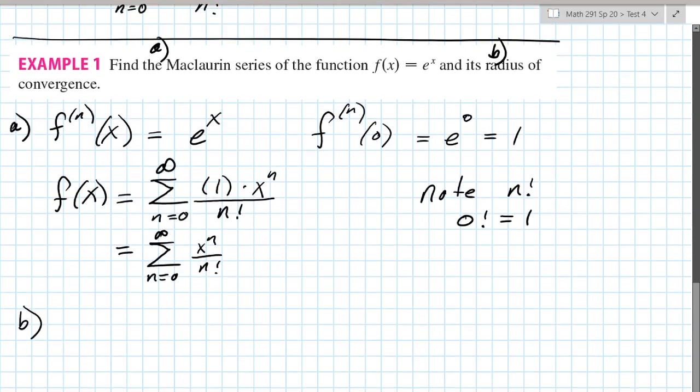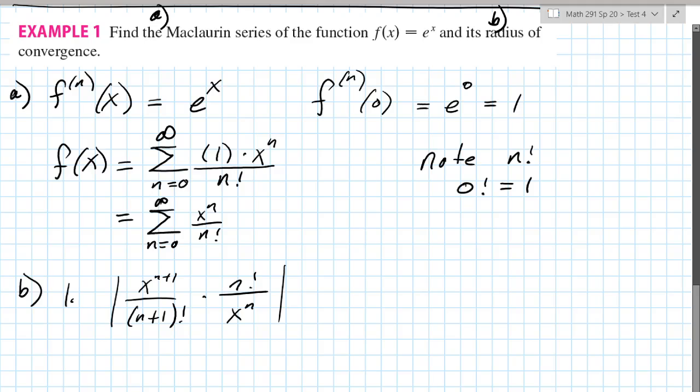So let's do the ratio test, and we have the absolute value of x to the n plus 1 over n plus 1 factorial times n factorial over x to the n. Notice I've already taken the reciprocal and multiplied there, and we want the limit as n approaches infinity.